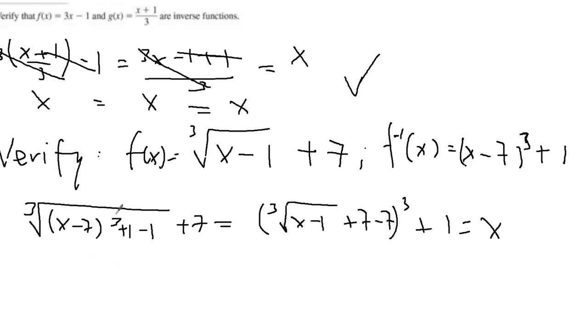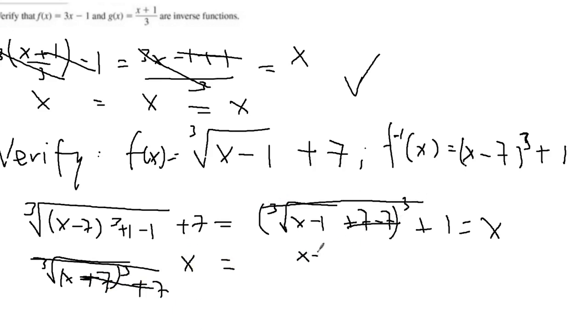So let's verify it. What's plus 1 minus 1? It's 0. So we have the cube root of (x minus 7) cubed, and then we can erase that, because x minus 7 plus 7 is 0. So then that is equal to x. The cube root gets erased, and we have x minus 1 plus 1. That gets erased. X is equal to x. So yes, they are inverses.